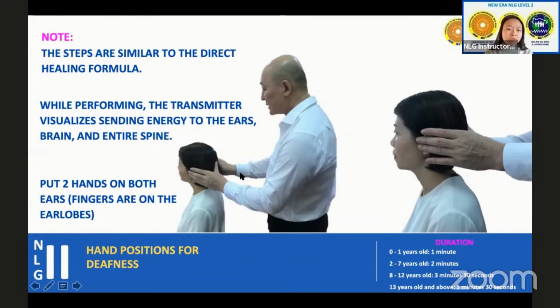Remember that the standard hand position would be on the ERC, but if they have deafness or any hearing impairments, then this is how you put your hands to support that very specific condition.